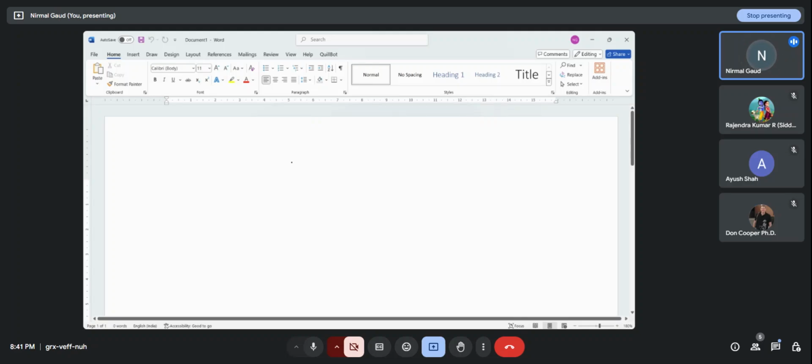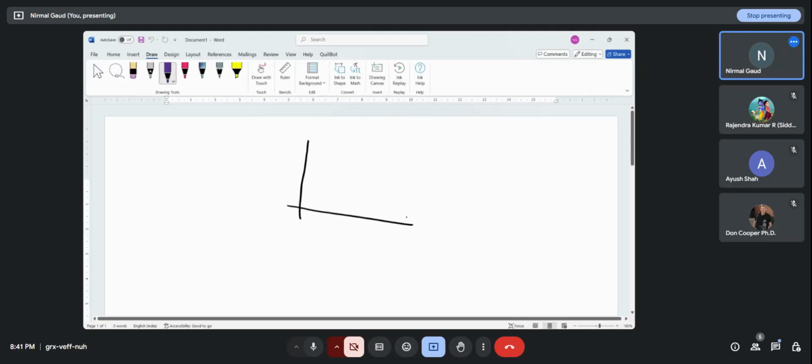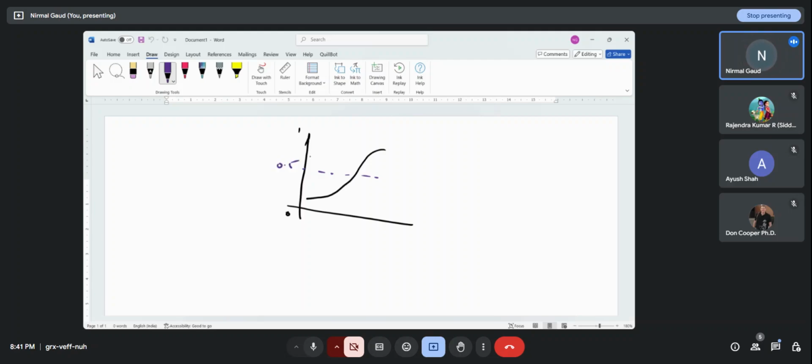And we do have a sigmoid here. Yesterday I told that this is sigmoid, and its value is between 0 to 1. And there is a threshold here, that is 0.5. So it's a non-linear function, sigmoid.